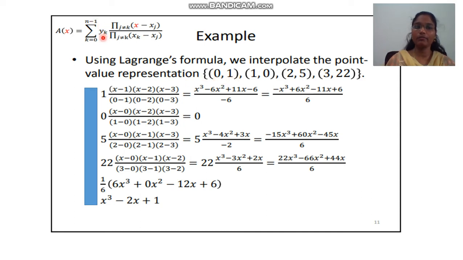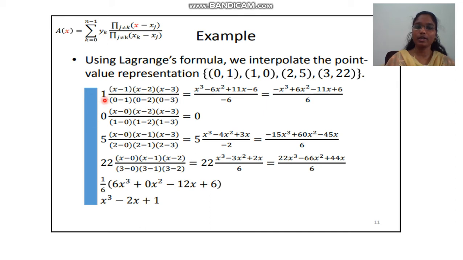In our formula, from k equal to 0 to n minus 1, we are going to take the y value here. So we have from 0 to 3, the highest degree is 3.